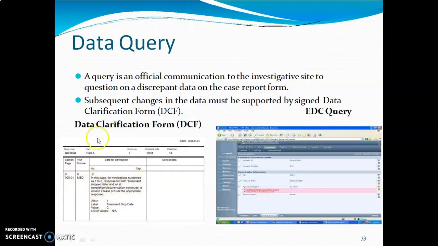Now a data clarification form will be made for this. Then with the signature they send the reply, along with the required documents, to the same team that sent it, the data management team. With the help of this, the data query aspect, they are going to update.